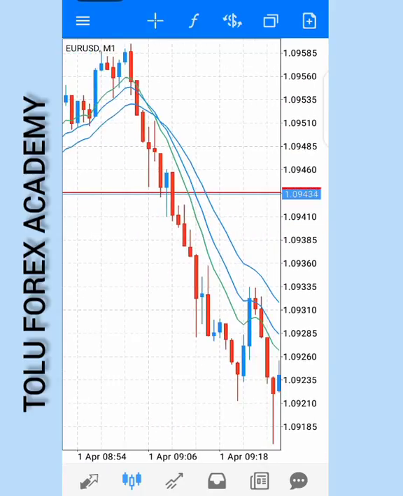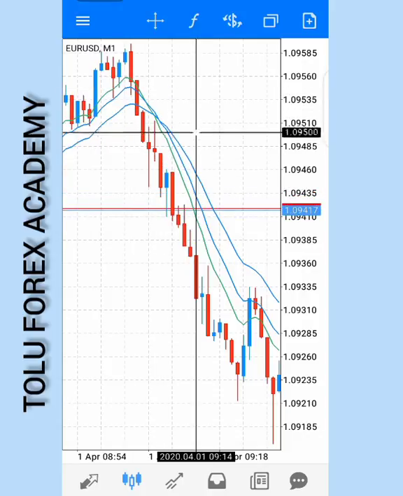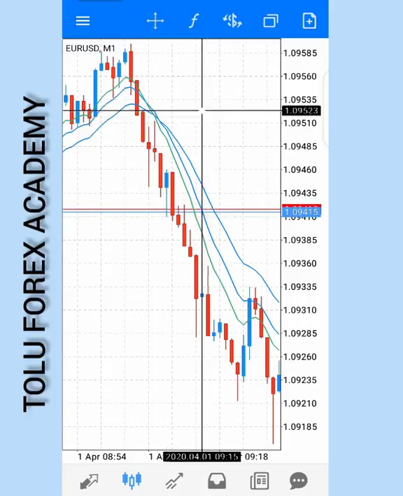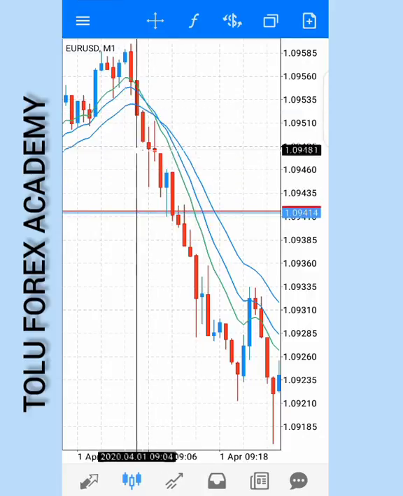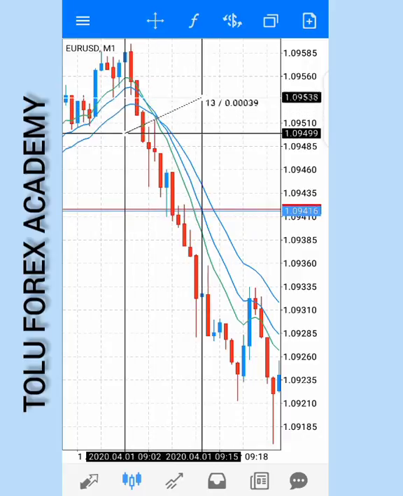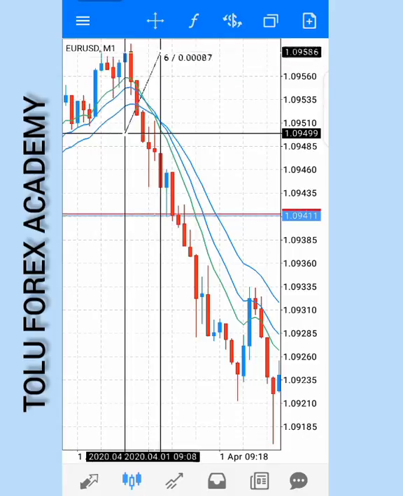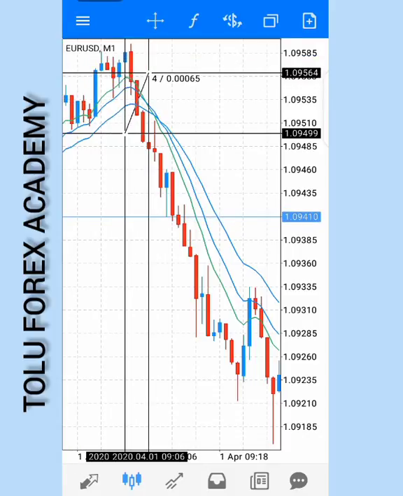Now look at this place. Okay, let me use this one. So look at this point here, where E.M.A. 9, that is green color, crosses from the top down below the E.M.A. 21, which is red. Have you seen this point?